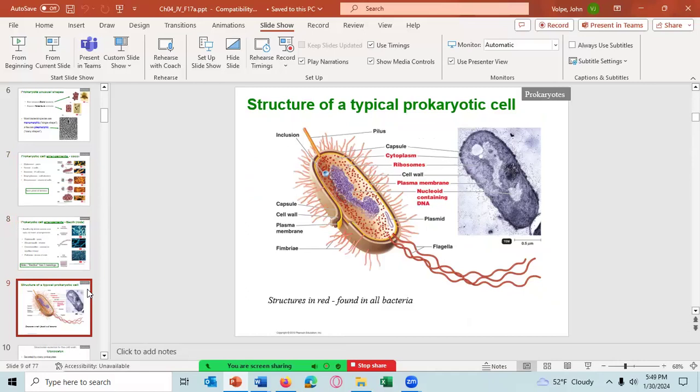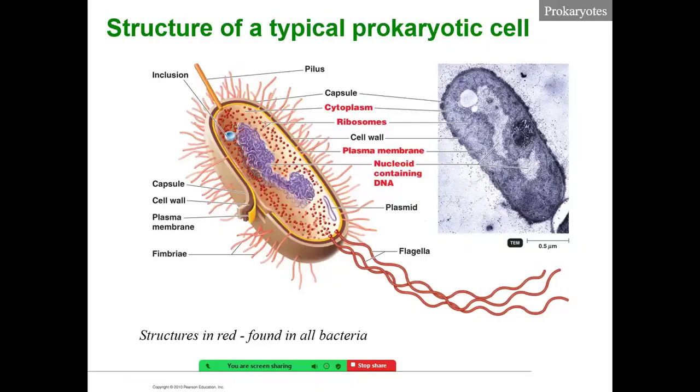All right, so here are some typical structures we find in a prokaryote cell. The red structures are seen in all cells, or at least all bacteria cells, I should say. The other structures shown in black are structures that you can find in bacteria, but not all bacteria have all structures.